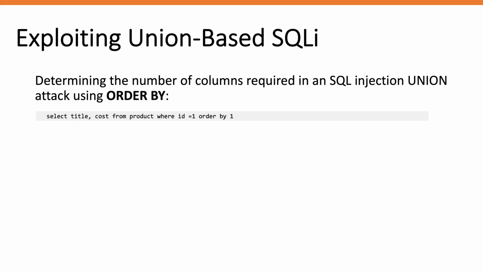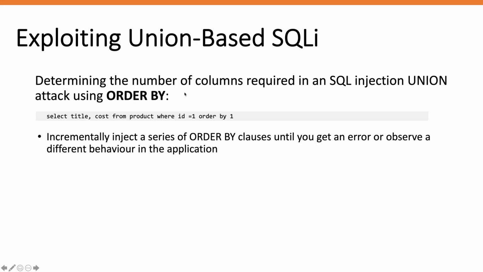If you've got select the title and the cost from the product table where ID is equal to 1, and then you say order by 1, that means you're ordering by the first column, which is the title column over here. Now, the way to figure out the number of columns is to incrementally inject a series of order by clauses until you get an error or observe a different behavior in the application.